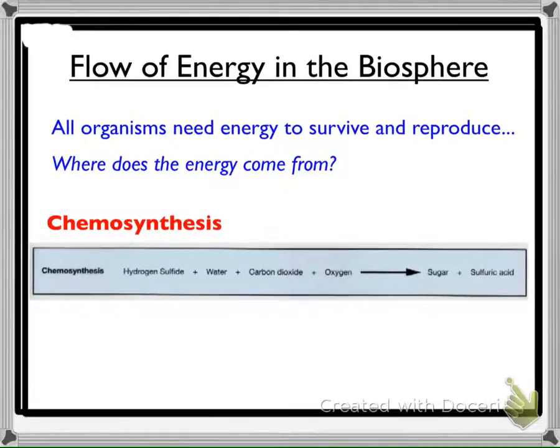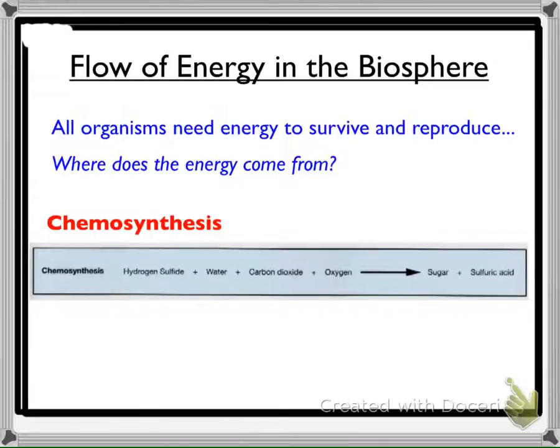As it turns out, photosynthesis is not the only way that energy can be introduced into the biosphere. There is another similar process called chemosynthesis that is also able to harness energy. Now, chemosynthesis was first discovered in about 1977 in some deep ocean vents at the bottom of the sea floor.